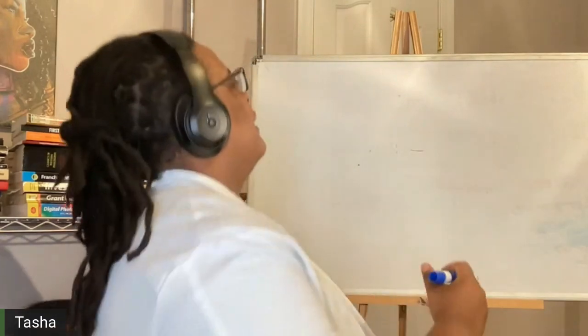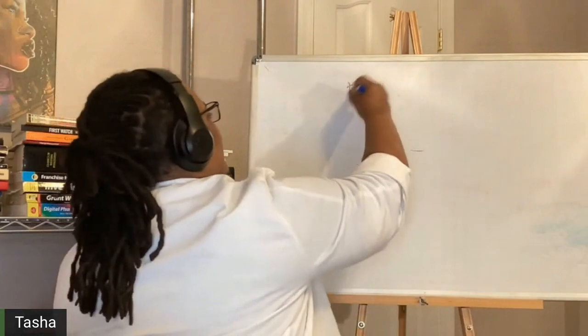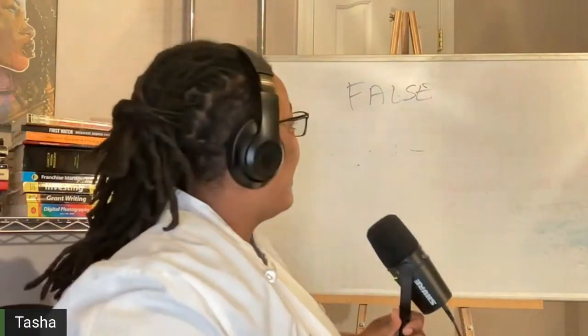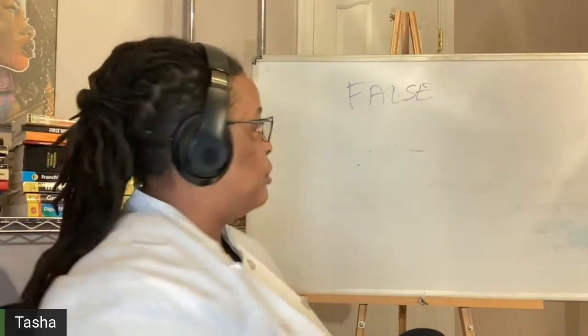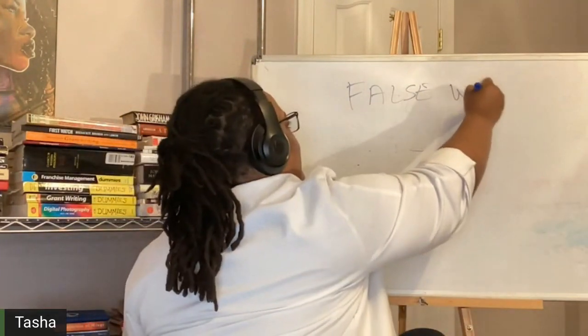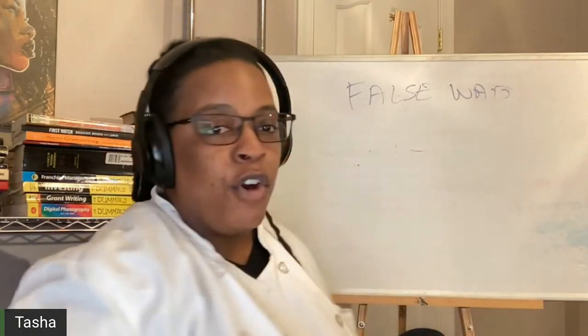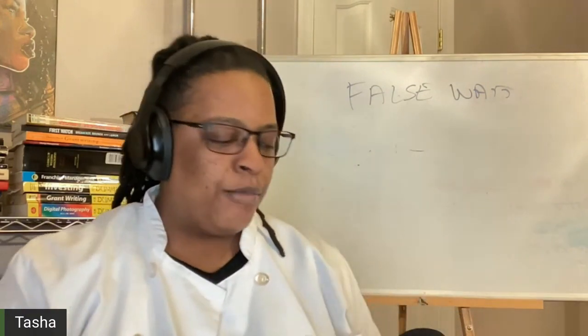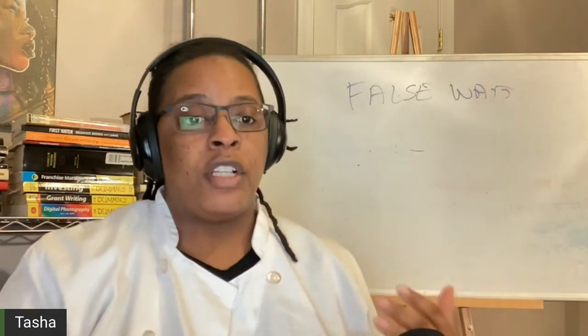All right. And here's the thing about a false wait. If you may not be familiar with the term, false wait basically means you have open tables. However, you either don't have enough servers to serve those sections, or for some reason those tables are closed.